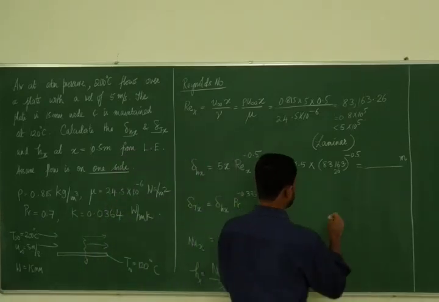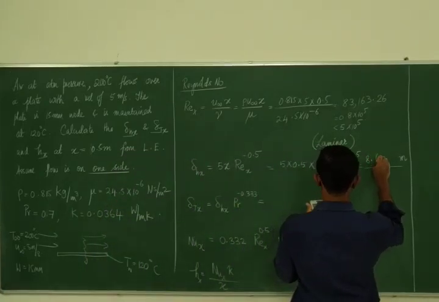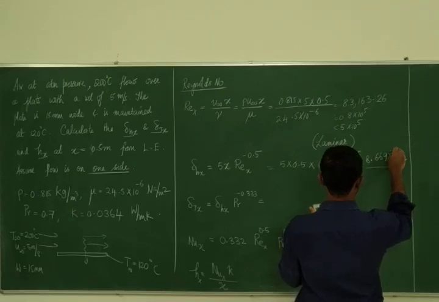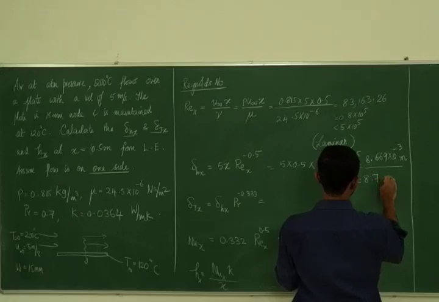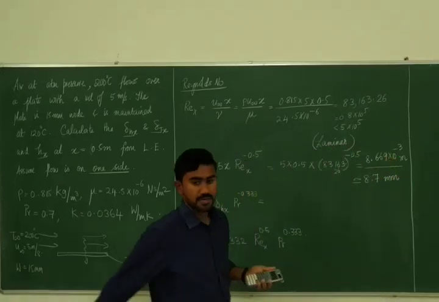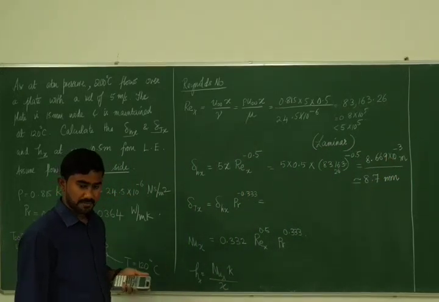This is going to be 8.669 into 10 power minus 3 meters. Roughly, you can take it as 8.7. Okay, so that's the thickness of the hydrodynamic boundary layer.